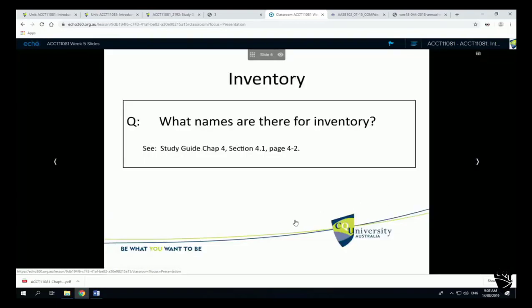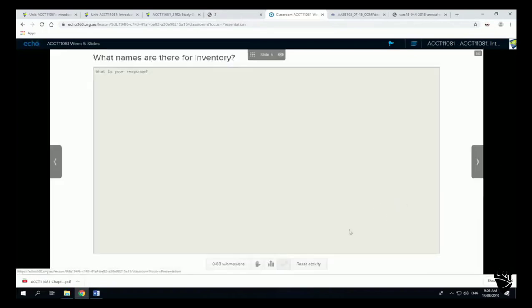Okay, so again, very nice, quick, quizzy question. What names are there for inventory? There are three to four maybe listed in the study guide, but have you come across different names to those listed in the study guide? So what names are there for inventory? It is listed in the study guide, but let me know on the next slide with your responses.